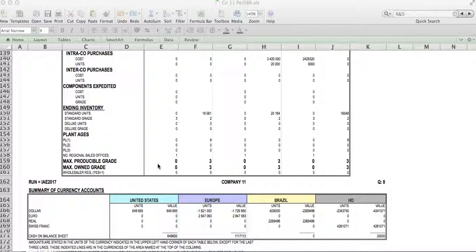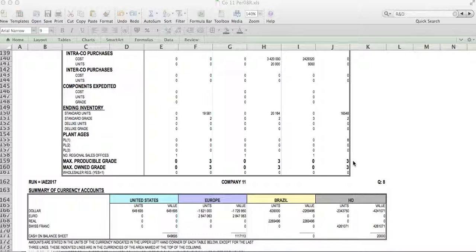Now, regarding their patent situation, they own, and of course they can produce, up to grade 3, Y3, in all areas. When you own a grade, this is generally worldwide, it's always worldwide, so therefore it will be specified in all areas.